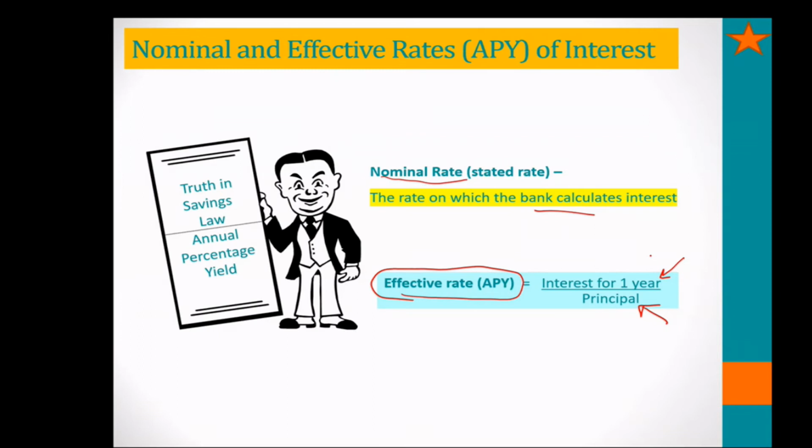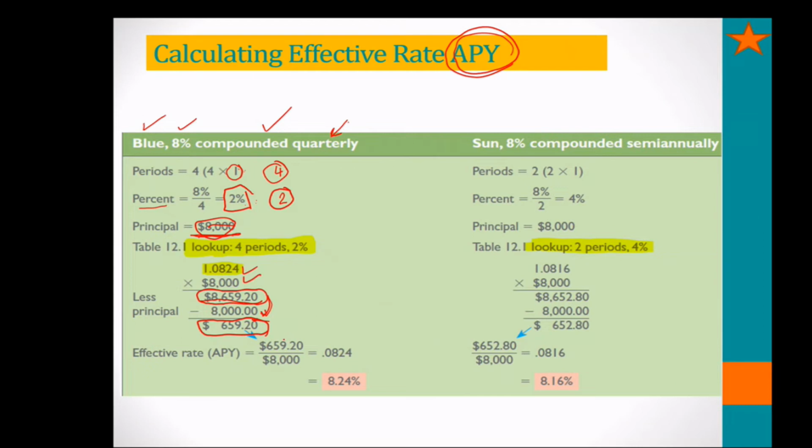The formula asks for interest for 1 year divided by principal: 659.2 divided by 8,000 equals 0.0824. As a percentage, 8.24%, for this bank. I do the same exercise for the other bank and I get 8.16%. So this APY is bigger than the APY for the other bank.